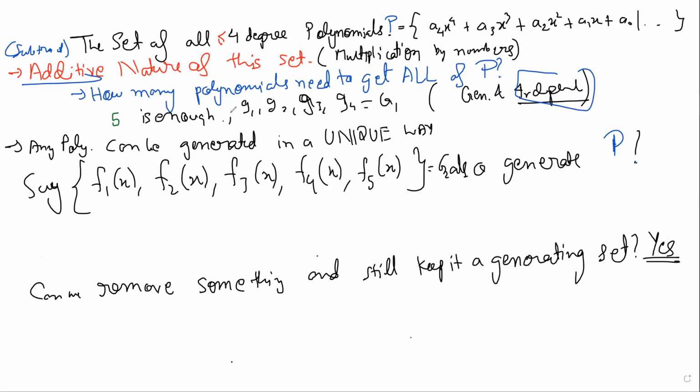So my point is that this is very general, but the proof is the same. From g1, I could have removed some gi, and I could have added some fj, and this is still a generating set.